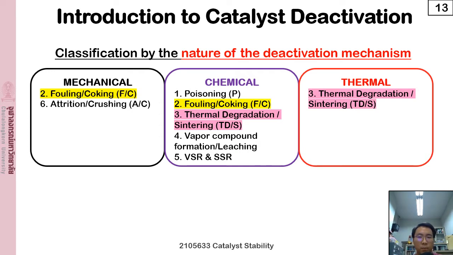Next, for the chemical, you can see that poisoning is always a chemical deactivation, because it has the chemical bonding and the effects from the chemistry on the active site. Fouling and coking, as they can also be deposited on the active sites, also deactivate the catalyst chemically.